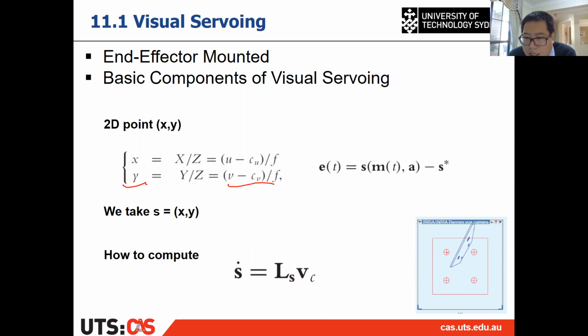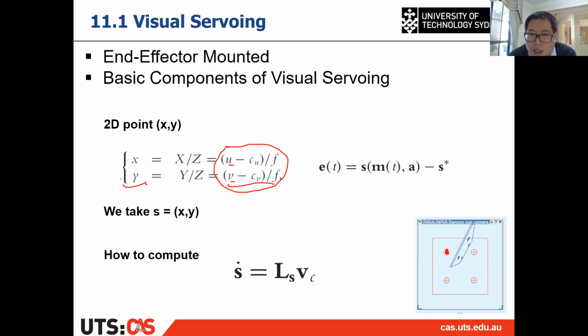Suppose this red dot is the desired uv values for one of the features, for one of the dots. Then we can use this equation by replacing the uv values with the uv values of this point.